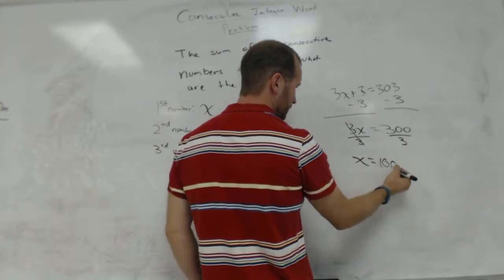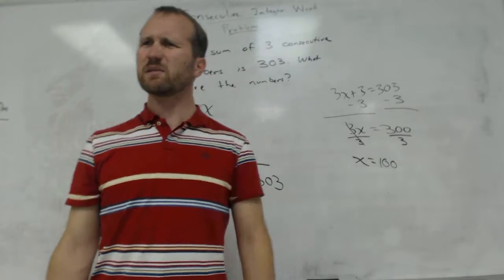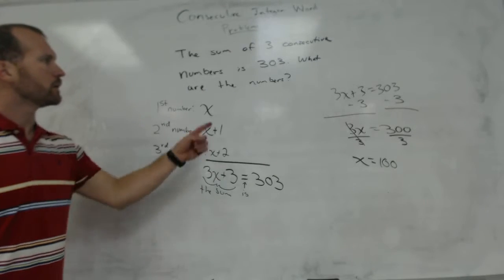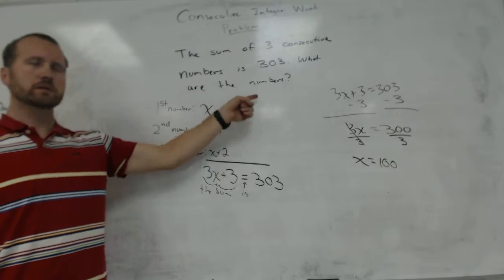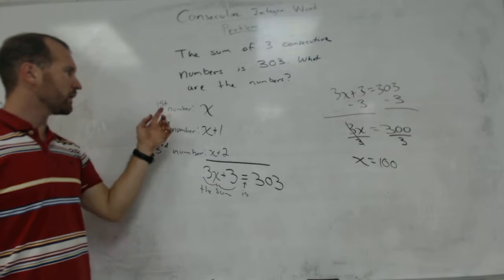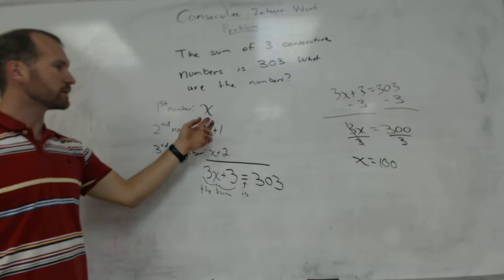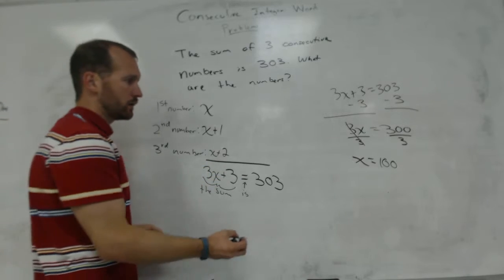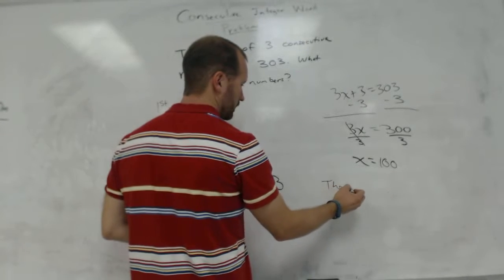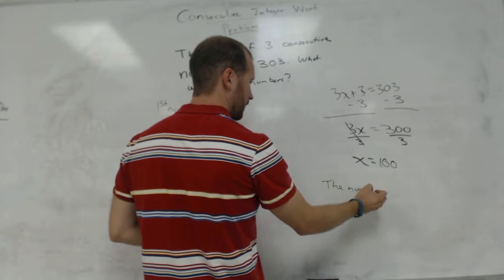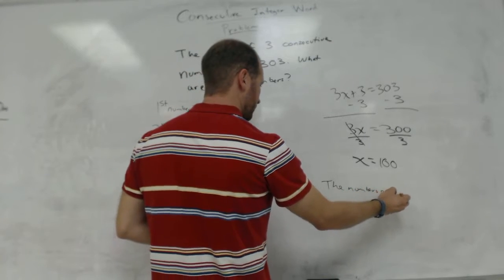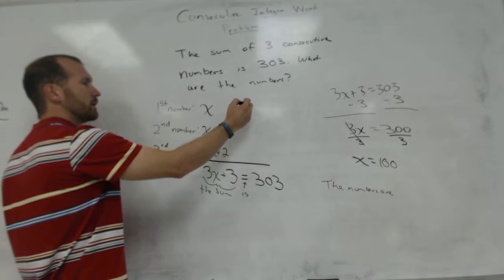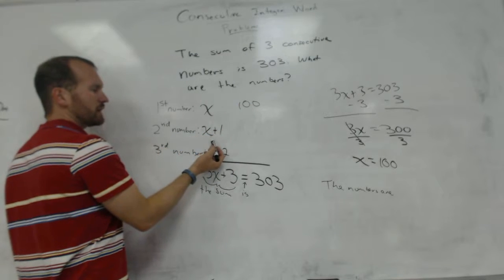Am I done? What did they ask me in this question? What are the numbers? No, we're not. Well, the first number is x. So what's the first number? The numbers 100, 101, 102. The first number is 100. The next number is x plus 1.